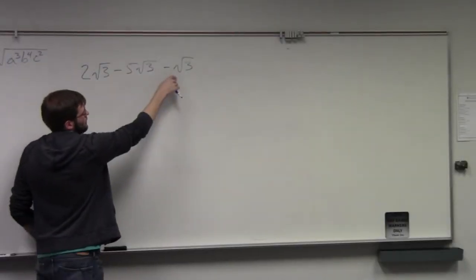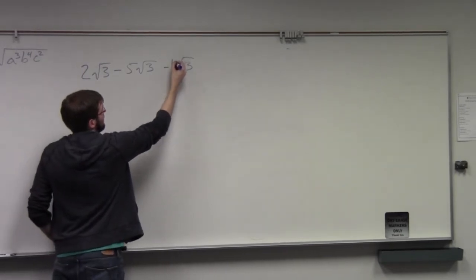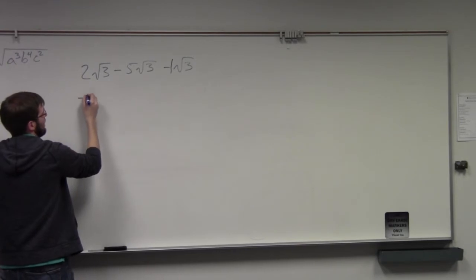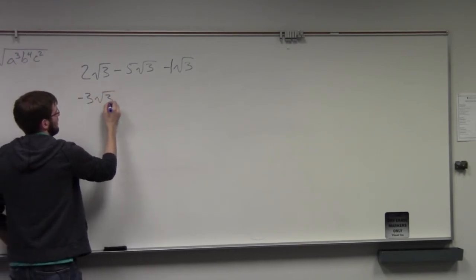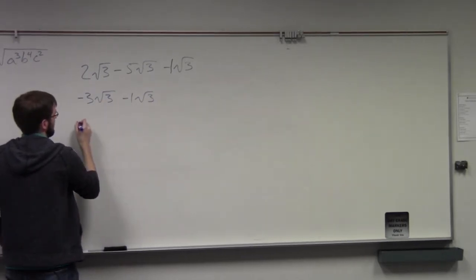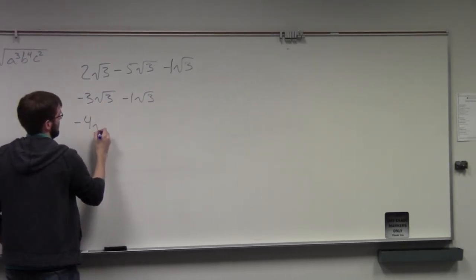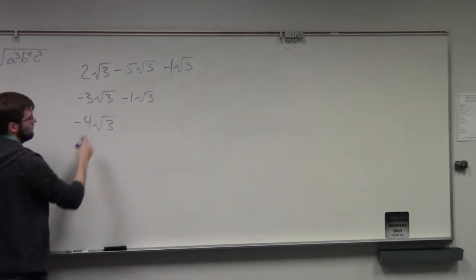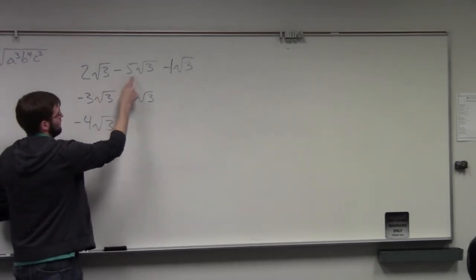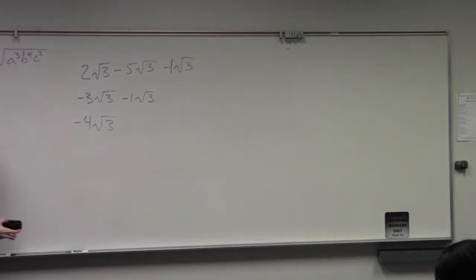So I can do 2 minus 5 minus, and what's the coefficient in front of here? A 1. So I can write a 1 in there. So I can have 2 minus 5, which is negative 3. And negative 3 minus 1 is negative 4. And when the signs are the same, we add and we keep the common sign. All right, so when we combine like terms with radicals, you want to find the radicals that are exactly the same.